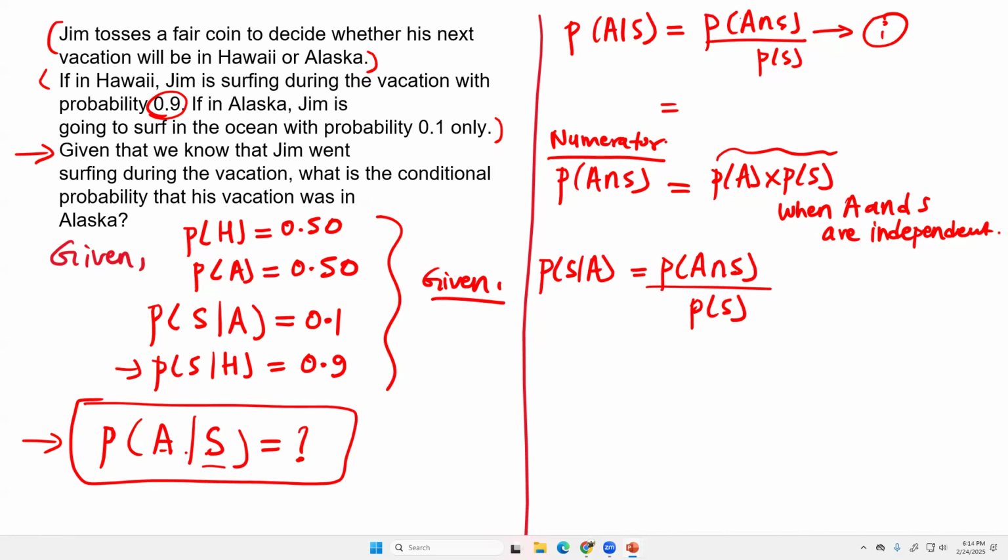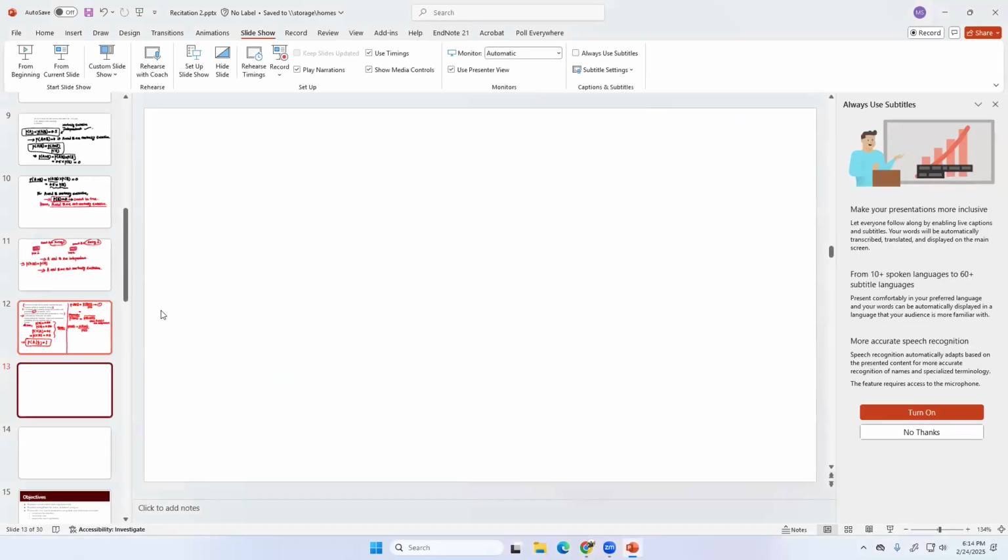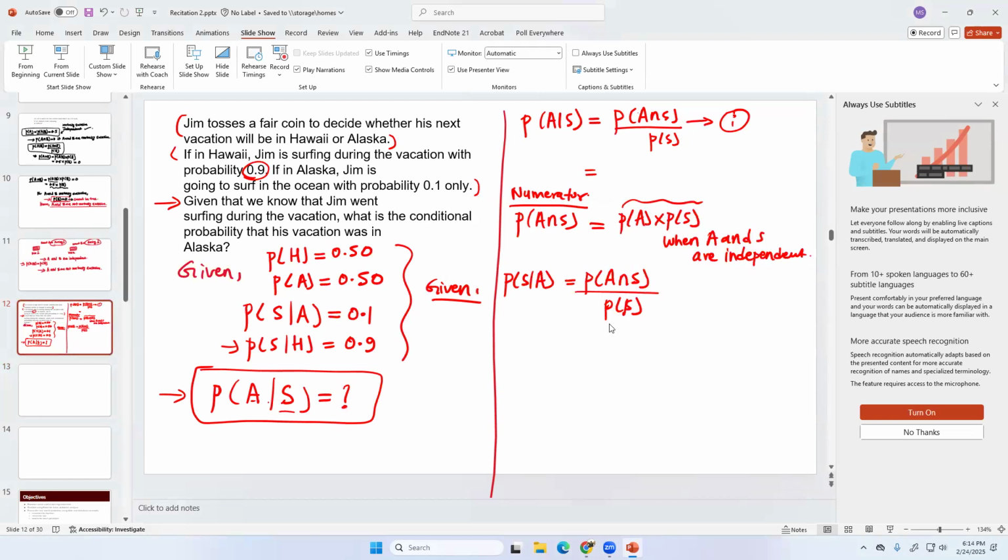What we have to use is the probability of S given A times the probability of A. I want to use this formula. So what is the probability of A intersection S? It's the probability of S intersection A times the probability of A, right?